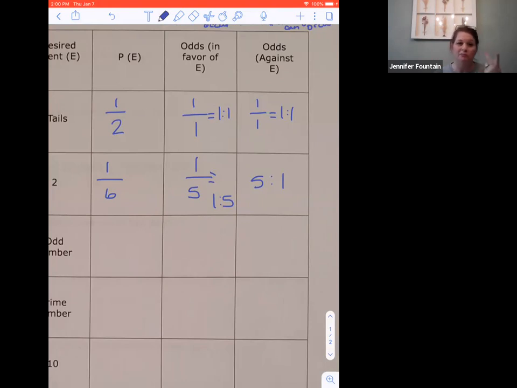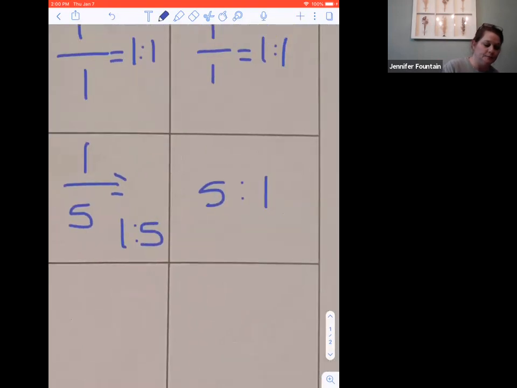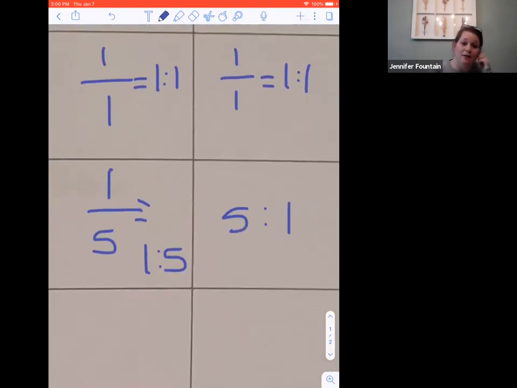With 1 to 1, even when I flip it, it's still 1 to 1, whether it's in favor or against. But notice that if in favor it's 1 to 5, against it's going to be 5 to 1.